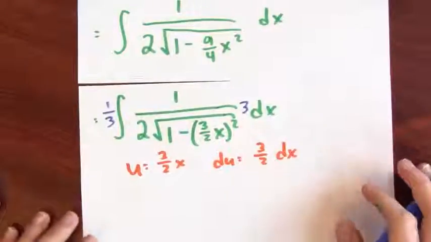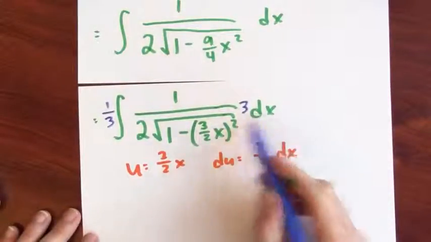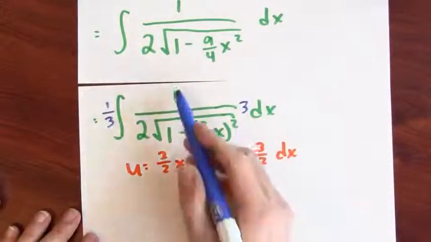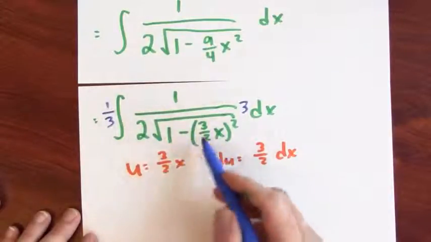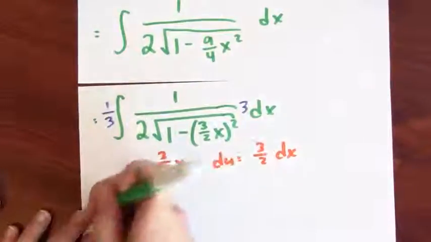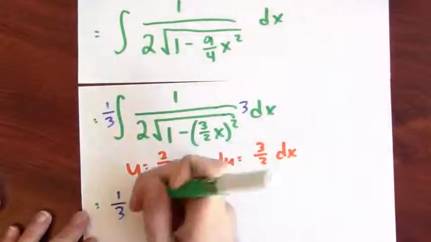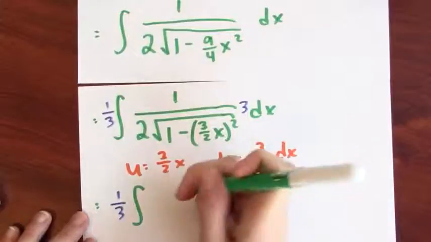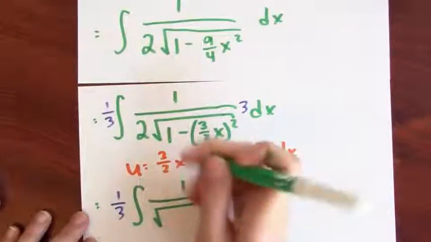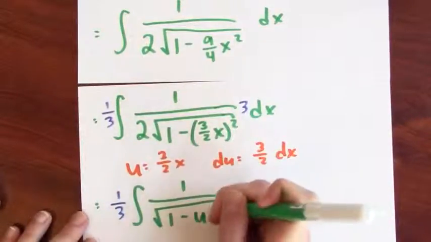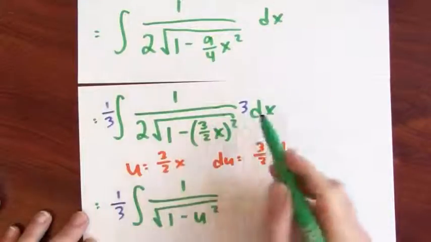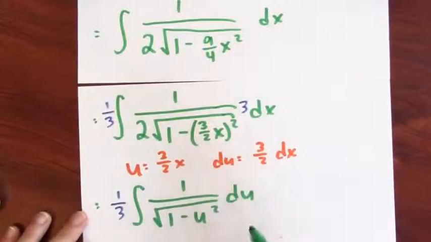That doesn't affect anything. But now I've got a 3 dx over 2, so I've got a du, 1 over the square root of 1 minus u squared. Well, let's write that down. So this whole thing is 1/3 the antiderivative of 1 over the square root of 1 minus u squared, and 3/2 dx is du.